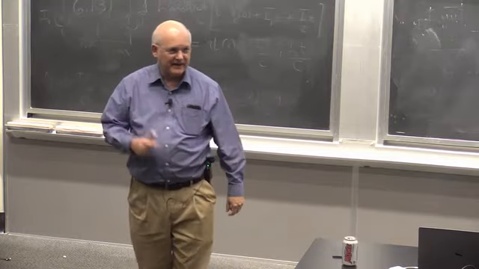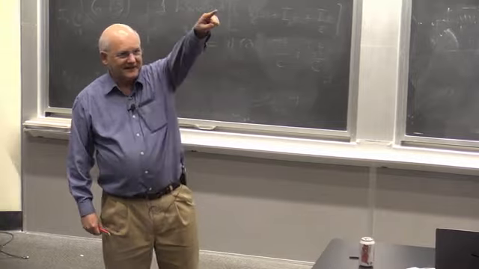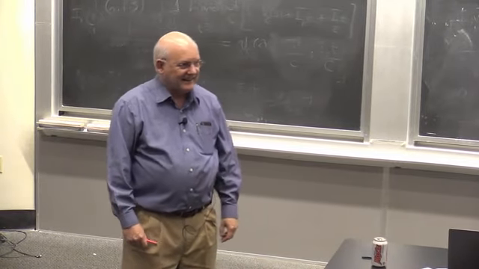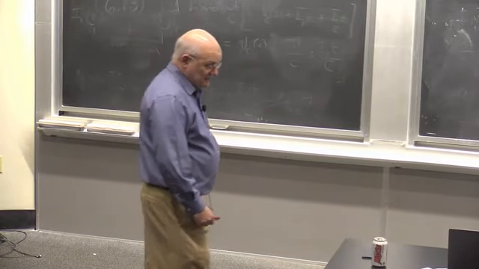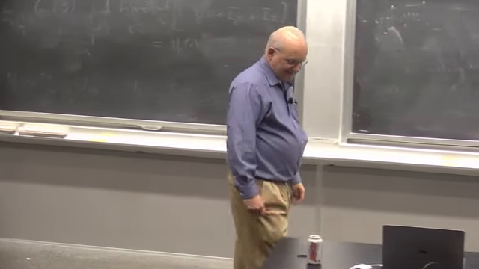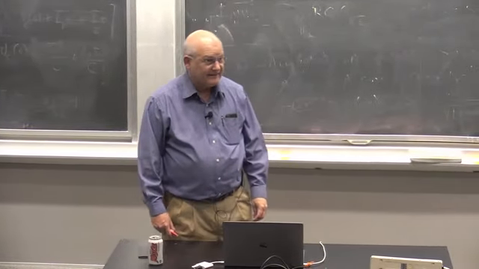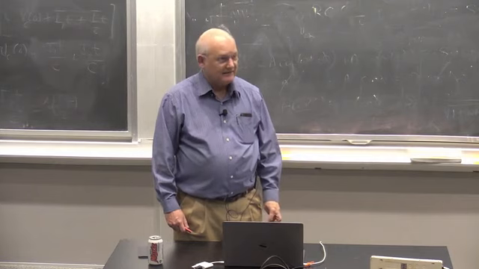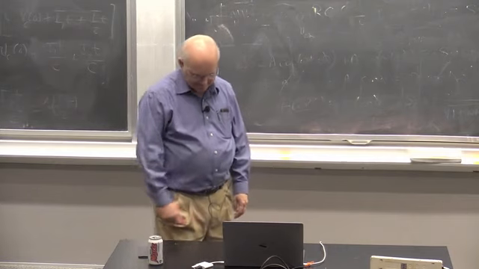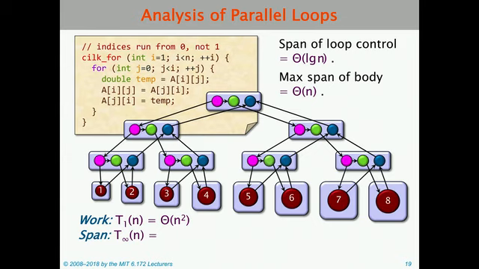Theta n. Yeah, how did you get that? Like the largest path would be like the 1 to 8, and so the largest leaf node is like size theta n, and the path to get there is just size log n.